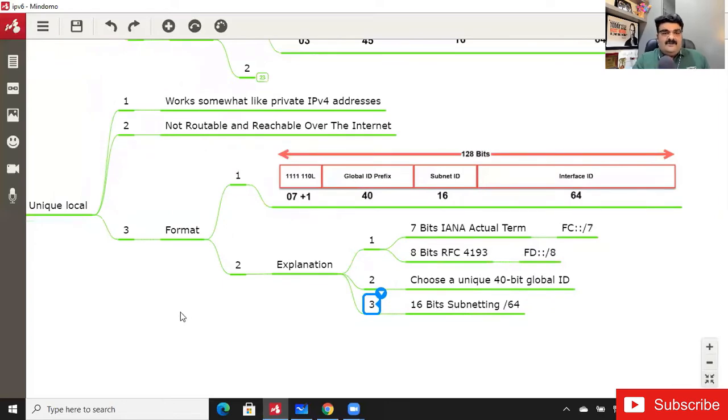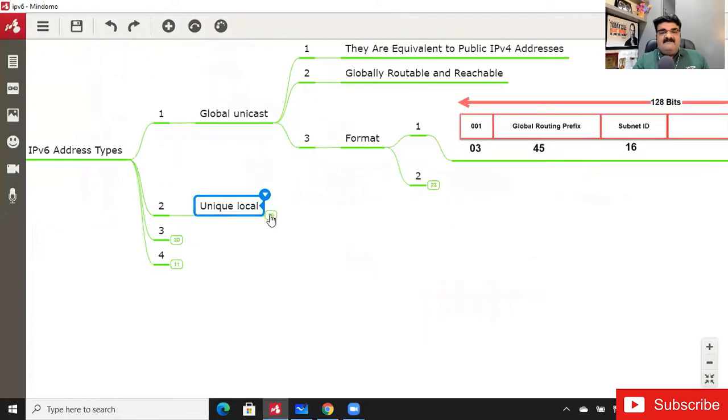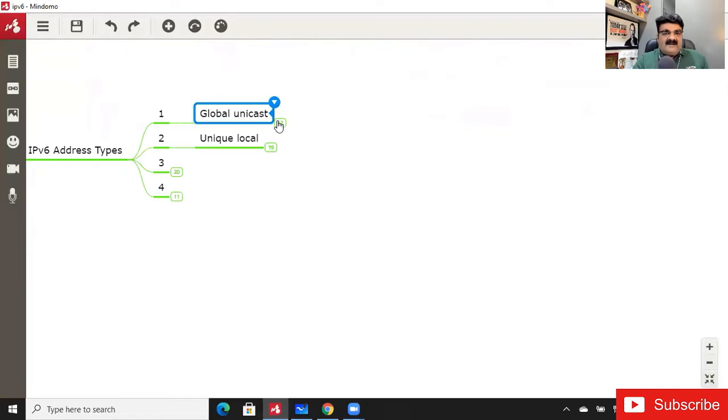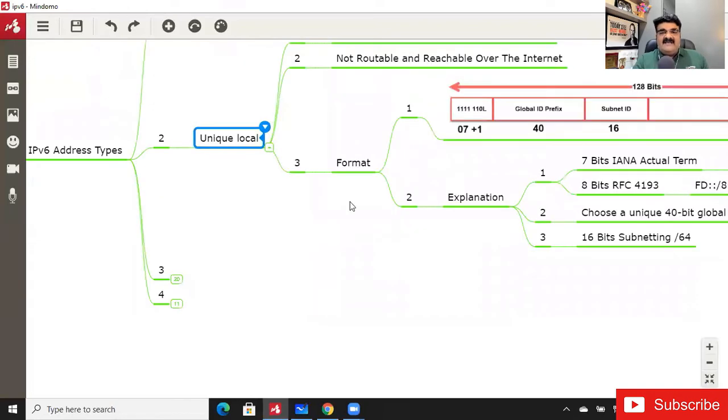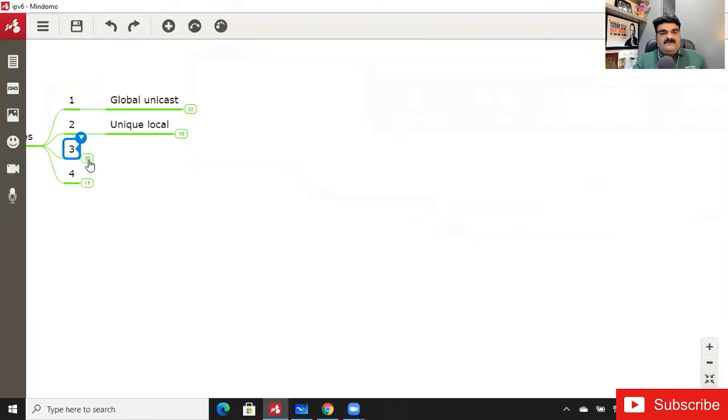Basically, it is like a private IP in IPv4. It starts with FD::/8 or FC::/7.